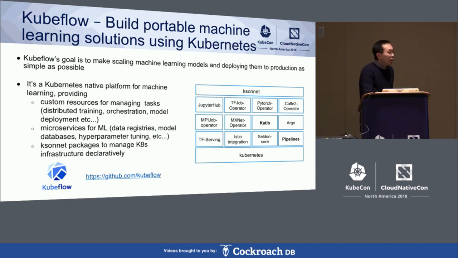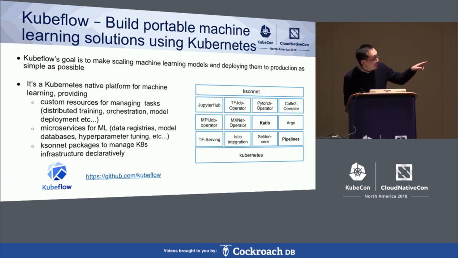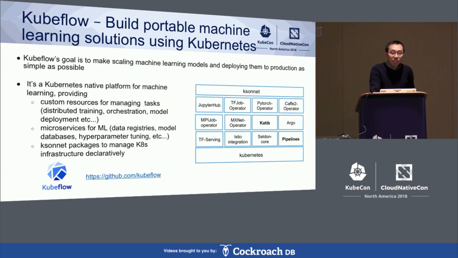Aligned with the Kubernetes concept, Kubeflow provides different operators to manage the different deep learning frameworks. As you can see on the diagram, it already supports TensorFlow, PyTorch, Caffe, MXNet. It also created another job, MPI job, to support Horovod or MPI workloads as well.